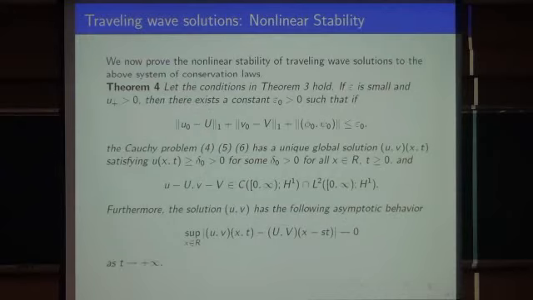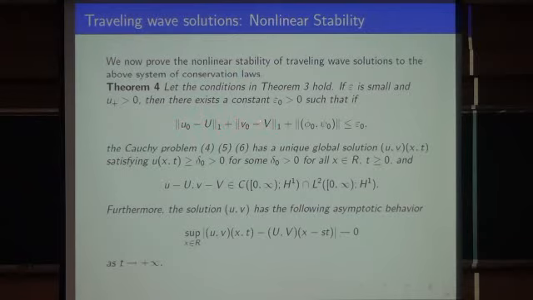And the next step, we are going to explore the stability of such a wave. By stability, we mean the following. Capital U and capital V are the traveling wave solution we just obtained. Now we go back to the Cauchy problem with the initial data U0, V0. Let's say the difference between U0 and capital U and the difference between V0 and capital V are not so big.